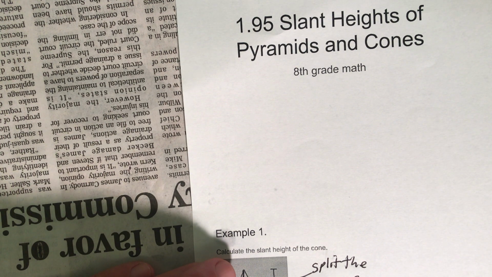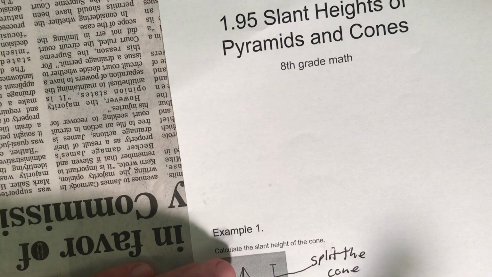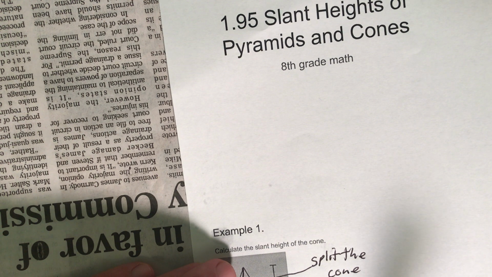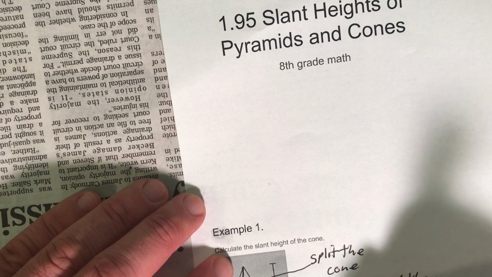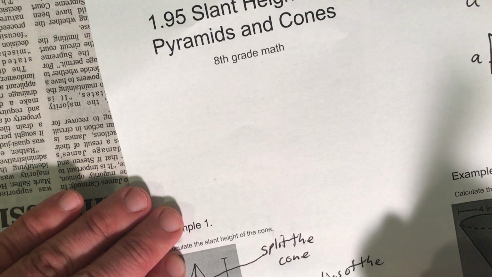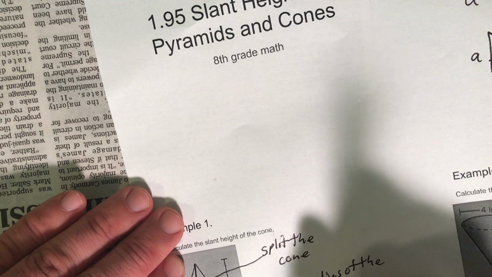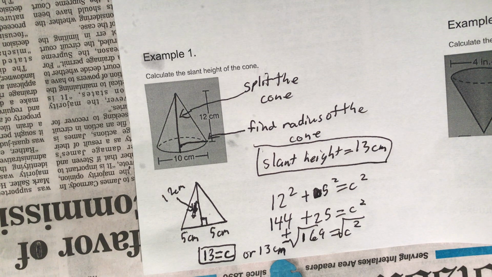So you're probably going to get 13 centimeters. So slant height equals 13 centimeters. Just in case you can't see that on the bottom of my paper at the end. Hopefully you got to see all that.